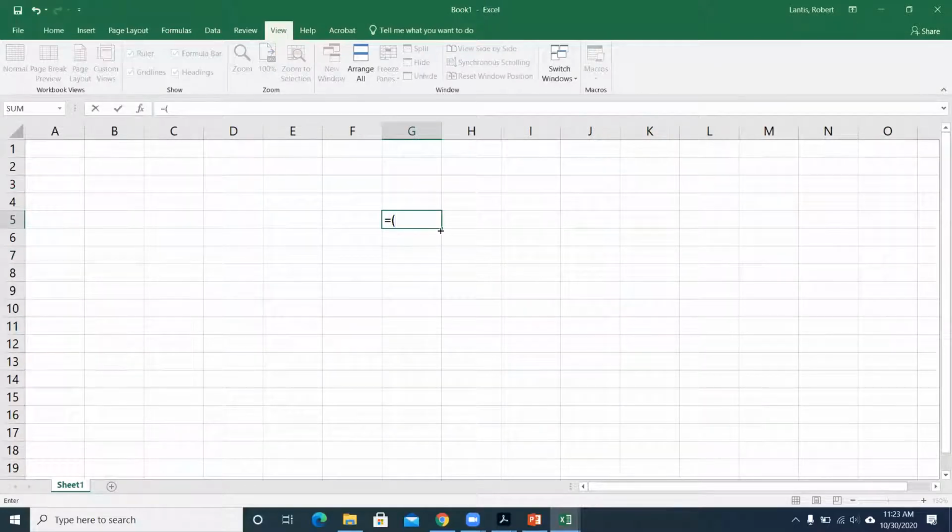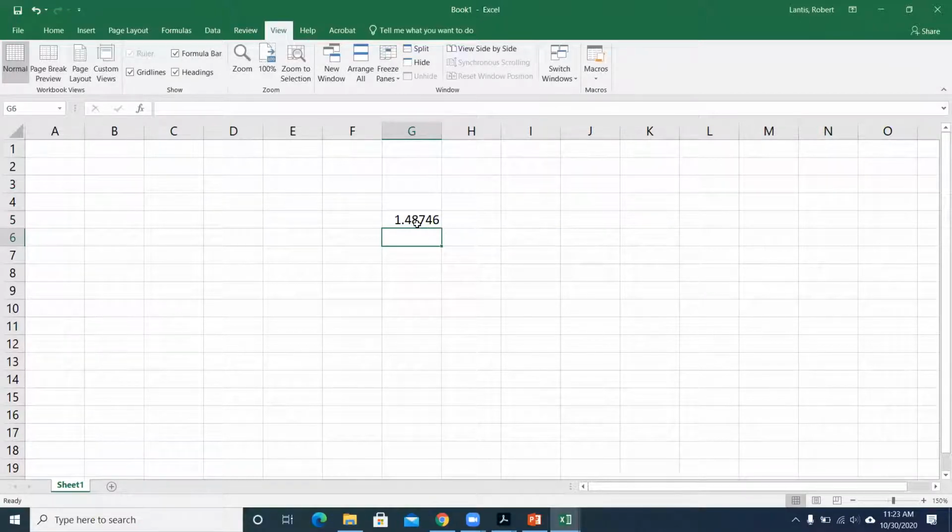So I'll take 9290 minus 9200, divided by the square root of 620 squared divided by 105. So 1.49 if we round to the second decimal.